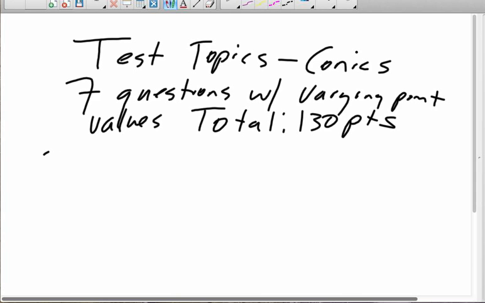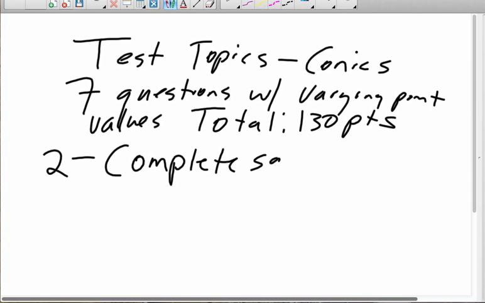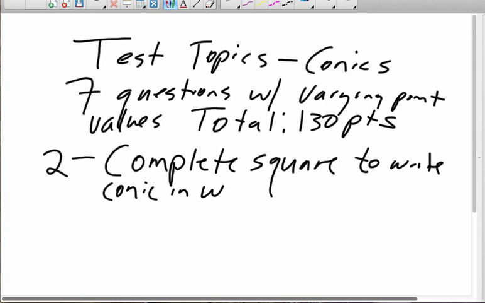Okay, you're going to have 2 questions where you're going to need to complete the square to write a conic in working form. This is what we did in shifted conics.